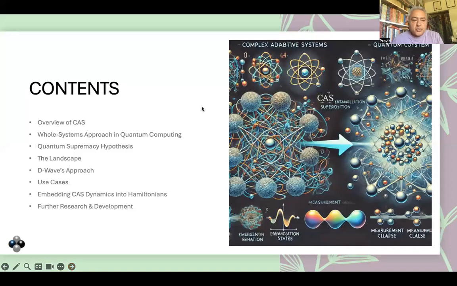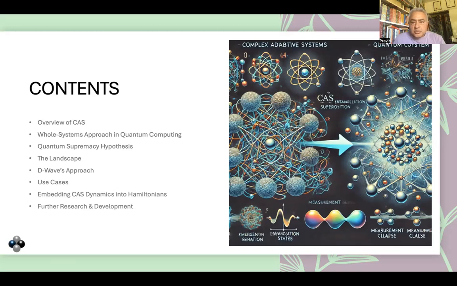Now, in this session, we'll cover a brief overview of complex adaptive systems. I'll refer to this as CAS. We'll look at the whole systems approach in quantum computing. I'll surface a quantum supremacy hypothesis that combines CAS with a whole systems approach. We'll briefly look at the landscape of quantum computing companies, focusing specifically on D-Wave's approach that follows whole systems quantum computation.